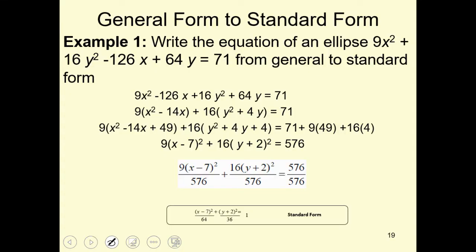So we have to convert a general form of ellipse to its standard form. So example 1, write the equation of an ellipse 9x squared plus 16y squared minus 126x plus 64y is equal to 71 from general to standard form.